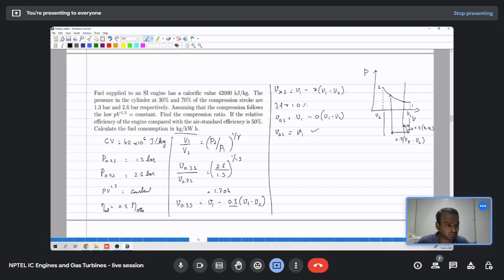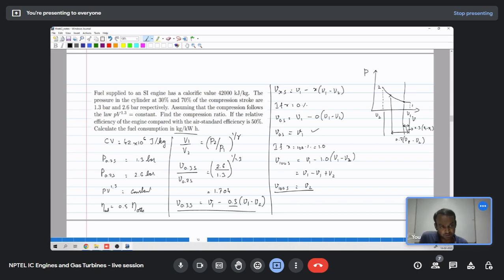If x equals 100%, x will be 1.0, so V1 minus V1 plus V2. So the volume at 100% stroke is equal to V2. This way we can write this relation.